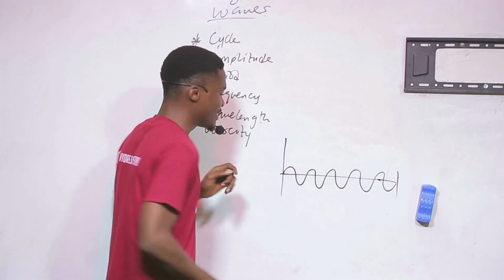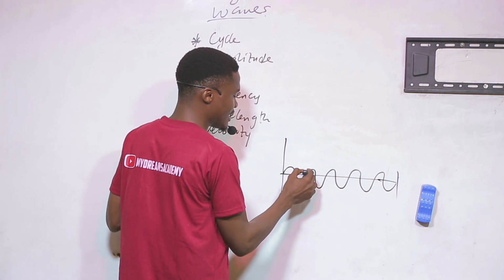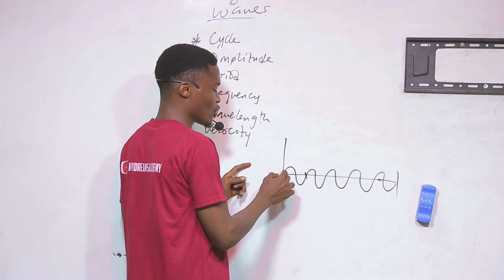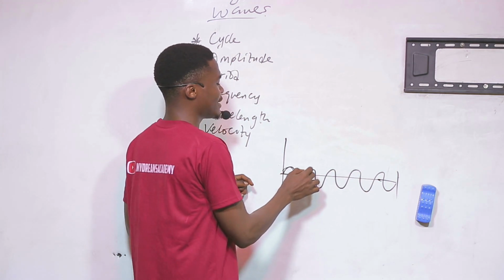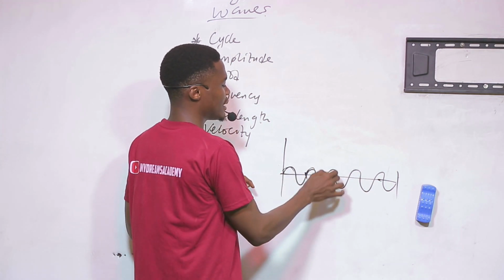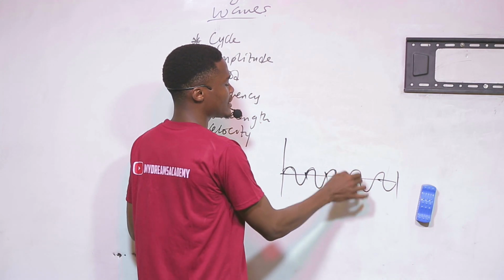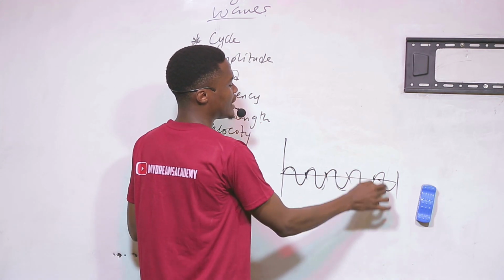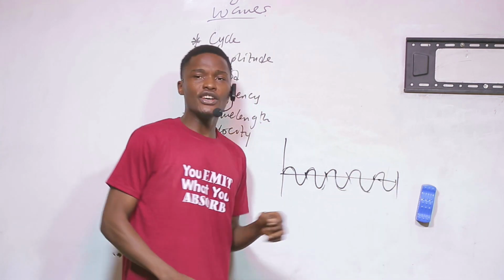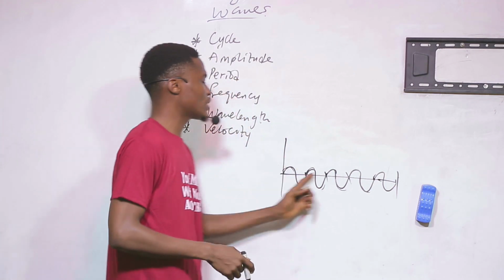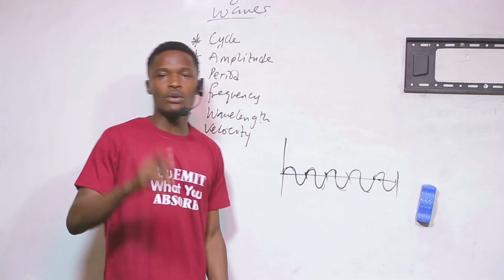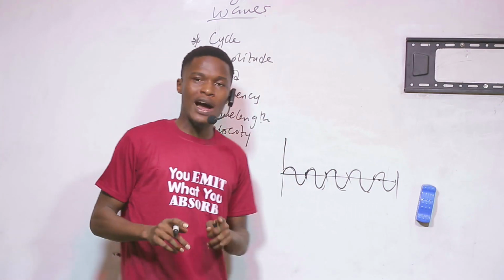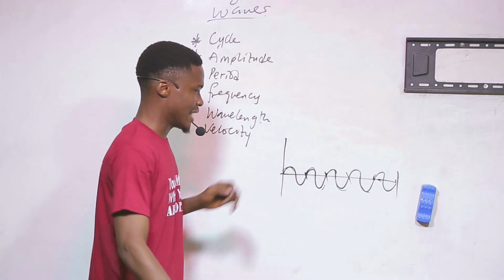Now, let us see what happens. This is one cycle, this is 2, this is 3, this is 4, and then this is 5. Whenever you are counting the cycles of a wave, up and down is 1, up and down again is 2, and just like that.